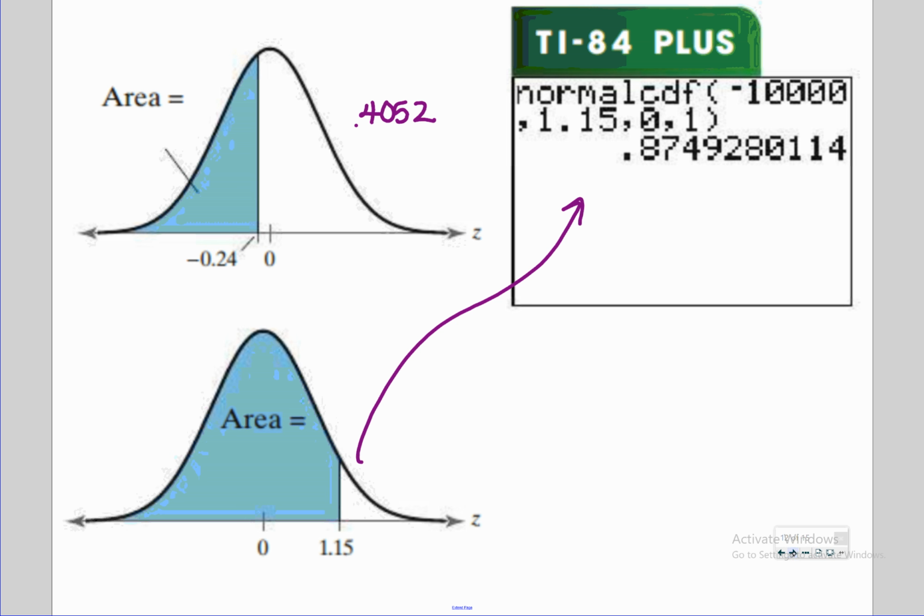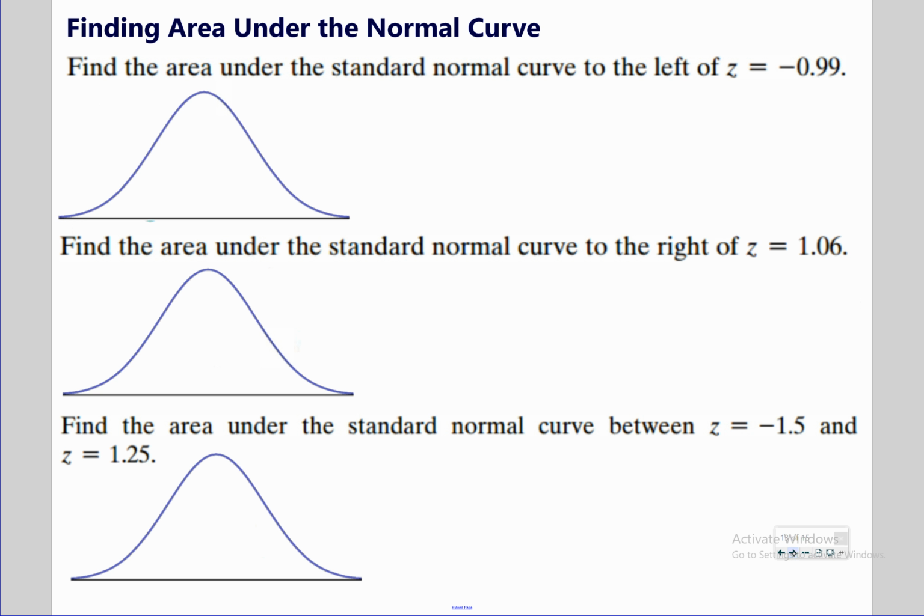Okay. So now, let's say we're going to sketch this and we're going to find it on our sheet. We're going to find the area under the normal curve that's to the left of a z-score of negative 0.99. Okay, so remember your z-score of 0 is right in the middle. Okay, and then you can estimate those standard deviations, like those inflection points that we talked about yesterday, right?